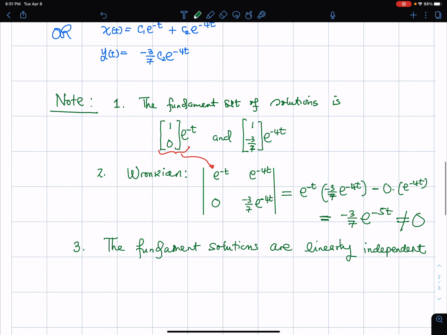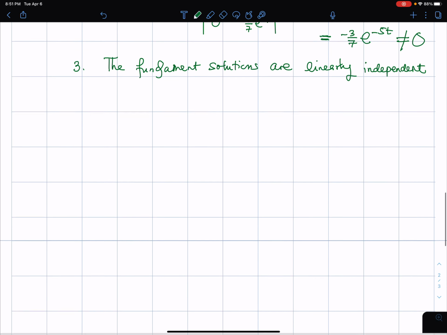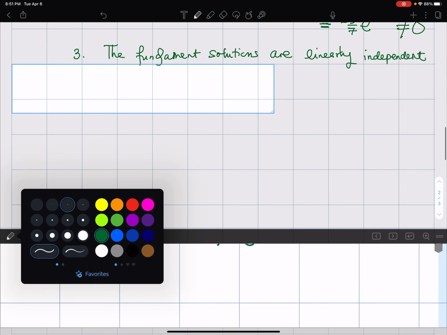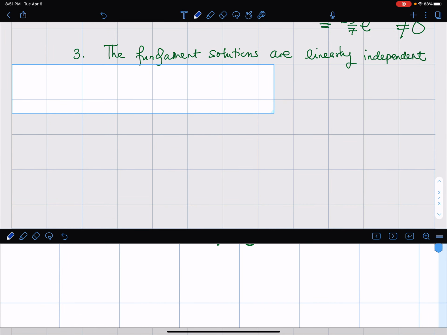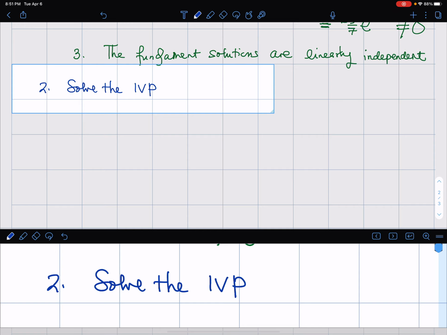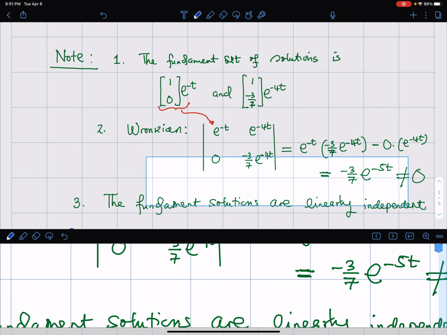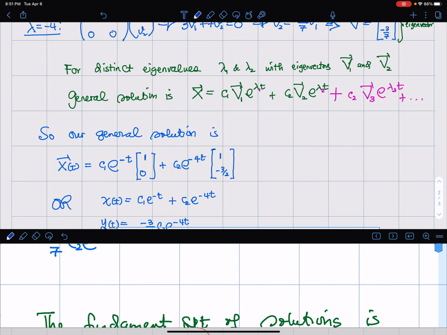I want us to do something else. Let's now try to solve the initial value problem. Let's do the same problem, but let's now make it an initial value problem.